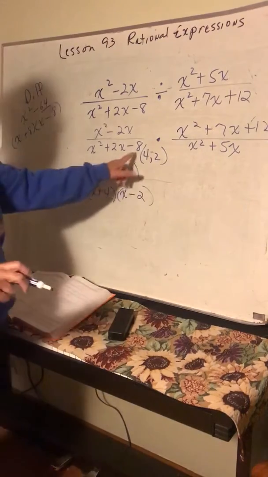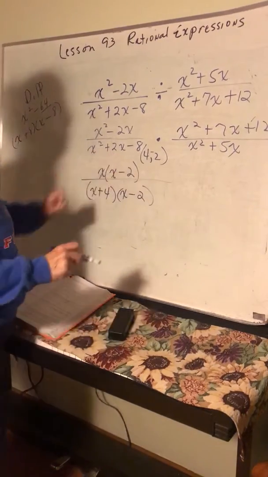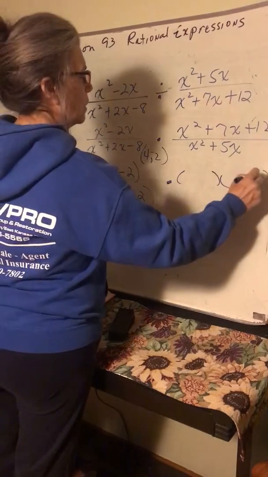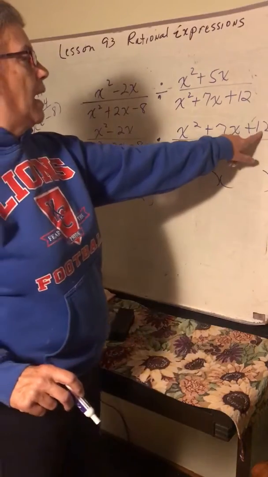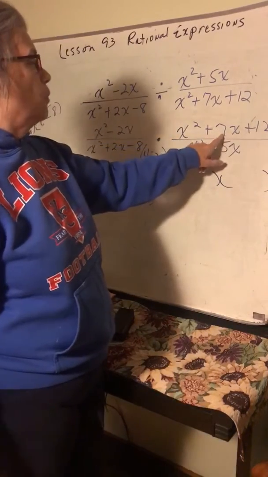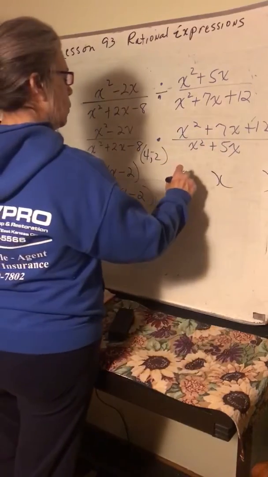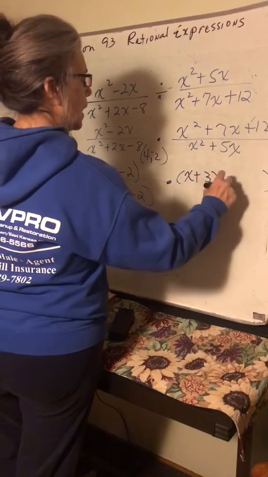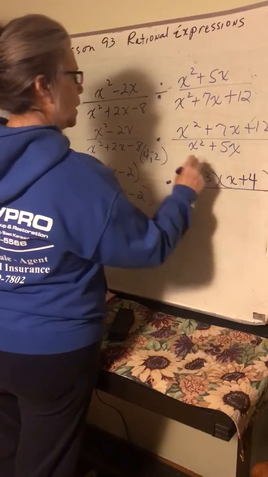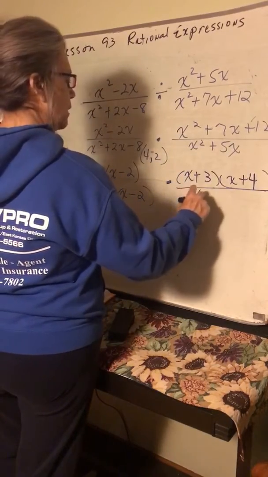They multiply to negative 8 and add to 2. I'm going to do the same thing up here. We're looking for two numbers that multiply to 12 and add to 7. That is 3 and 4. X plus 3 and x plus 4. And here there's a common x that we can factor out.